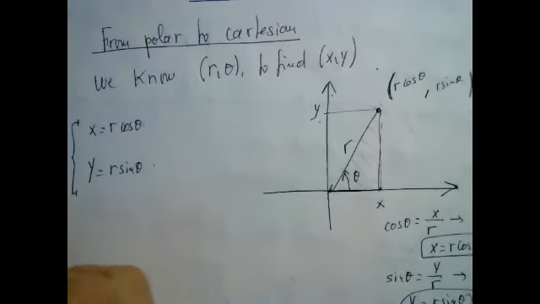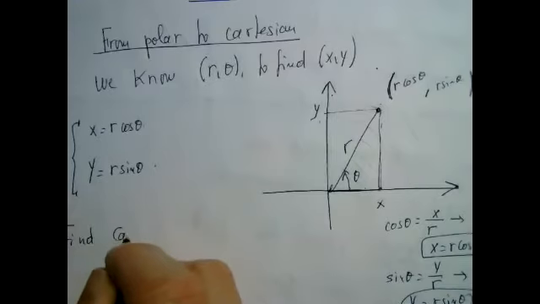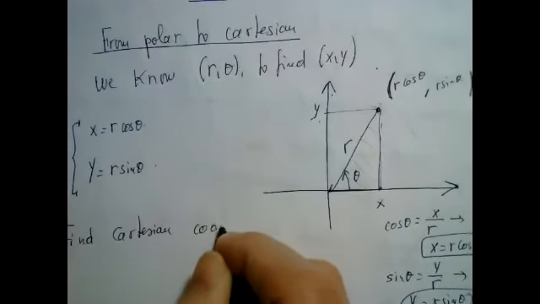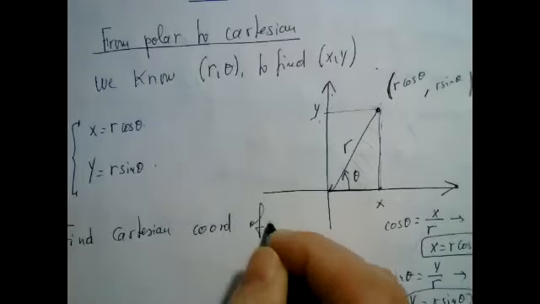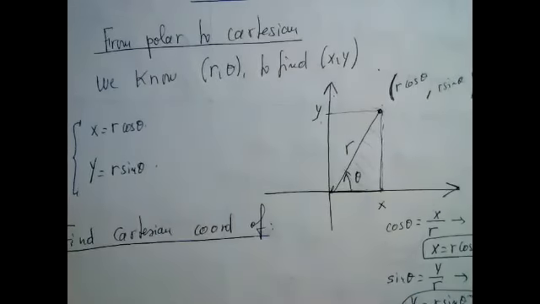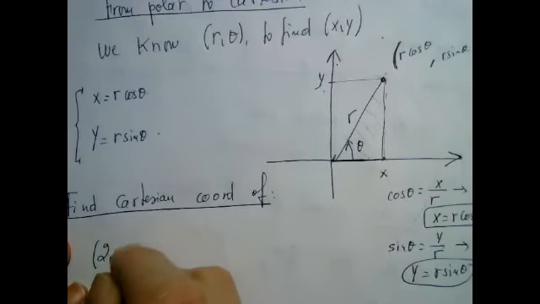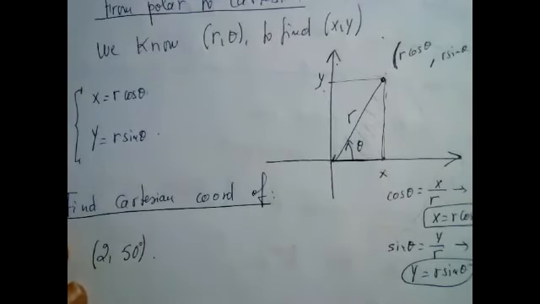So, quick example. Find the Cartesian coordinate of the following point. I'm giving you the polar, 2 and 50 degrees.